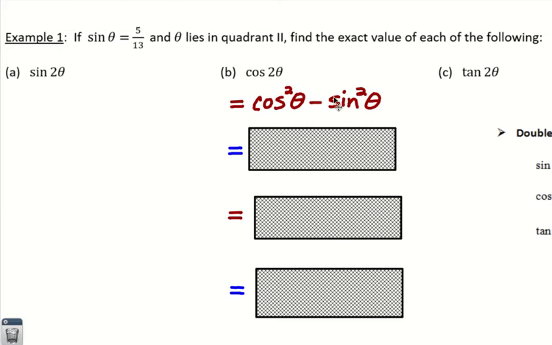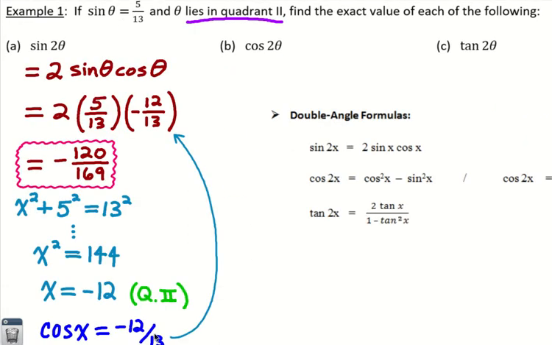So anyway, we take cosine of 2 theta and rewrite it like that. Since we now know that the sine of theta is 5/13, we now know that the cosine of theta is negative 12.